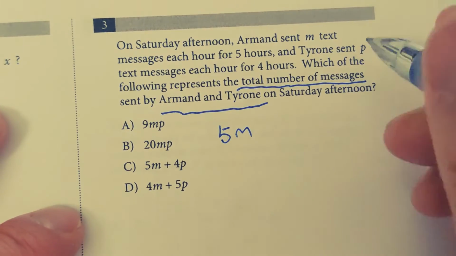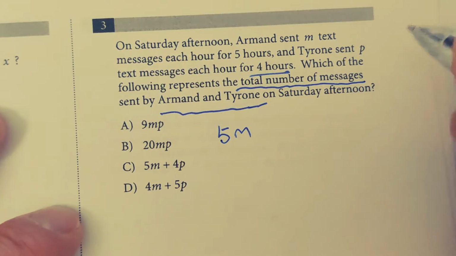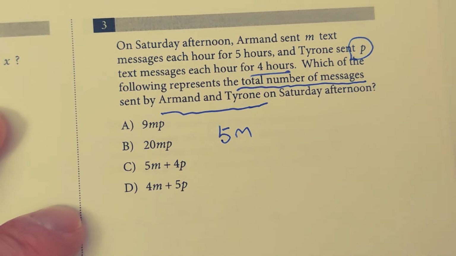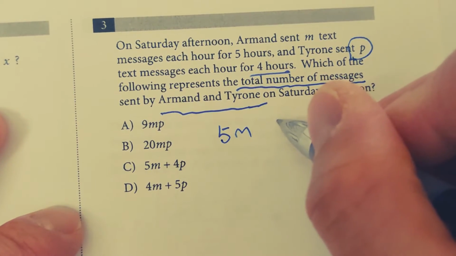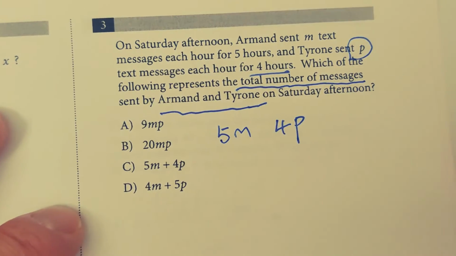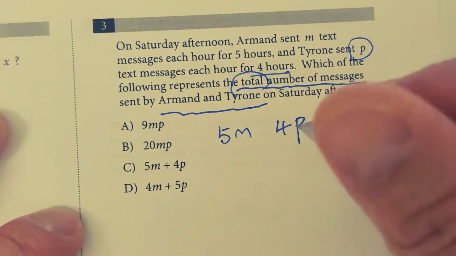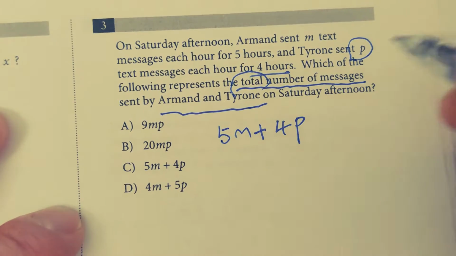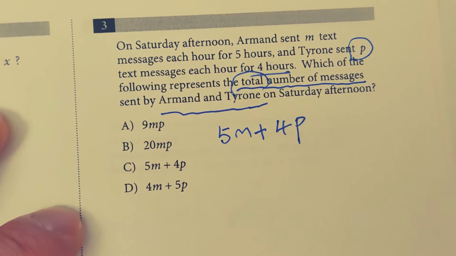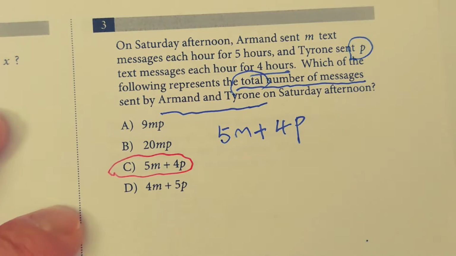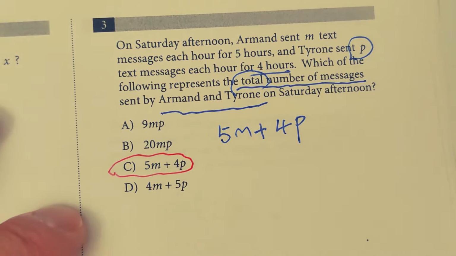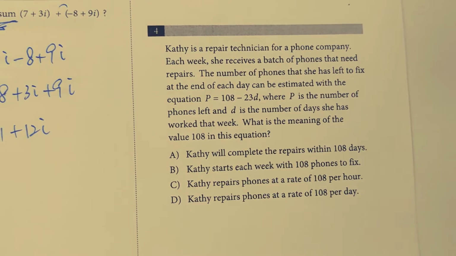And for Tyron, he did 4 hours and each hour is P text messages, so it's going to be 4 times P. And when you talk about the total, that would be just the sum of 5M and 4P. So obviously the answer is C. Okay, here you go. Okay, question number 4.